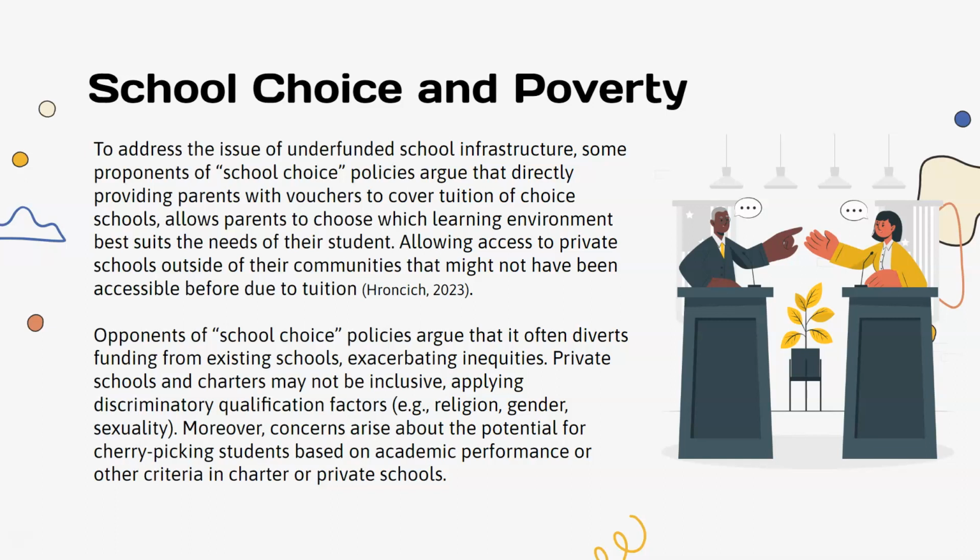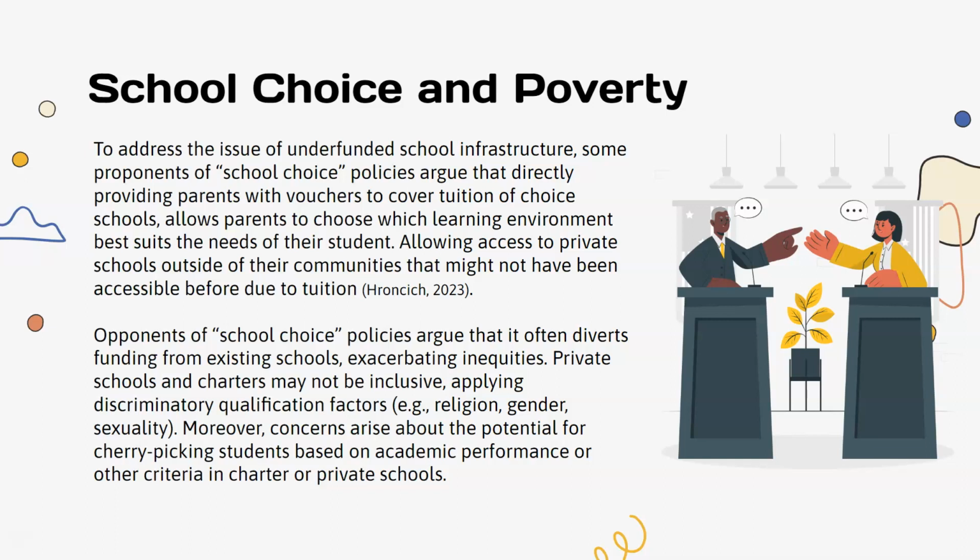Some ways that this conversation is shaped is through the conversation of school choice. Essentially, proponents for school choice policies argue that allowing parents to choose which schools are right for their children will help better set their children up for success. Opponents of school choice policies argue that often the same funds that allow people to choose their specific schools are being taken away from schools that could need those funds, further exacerbating inequalities.